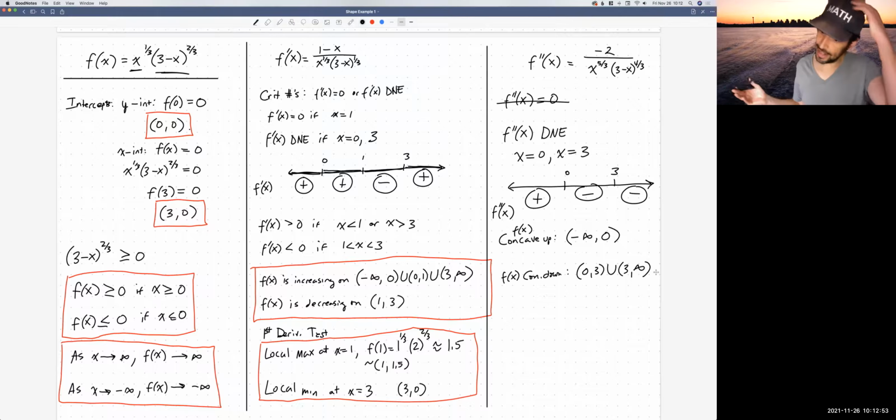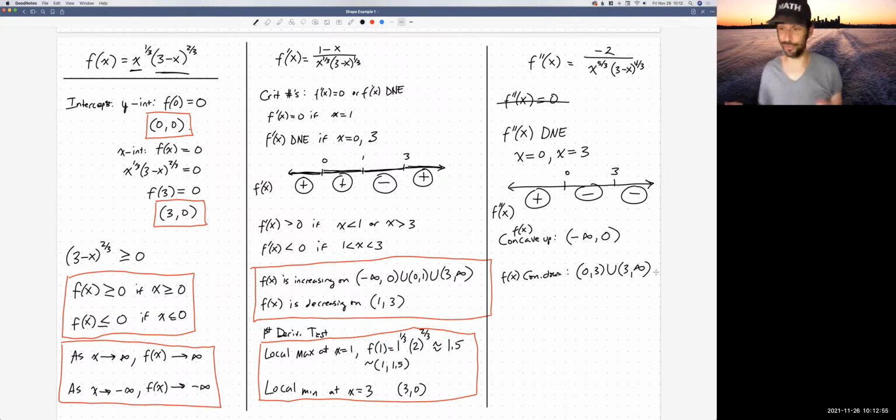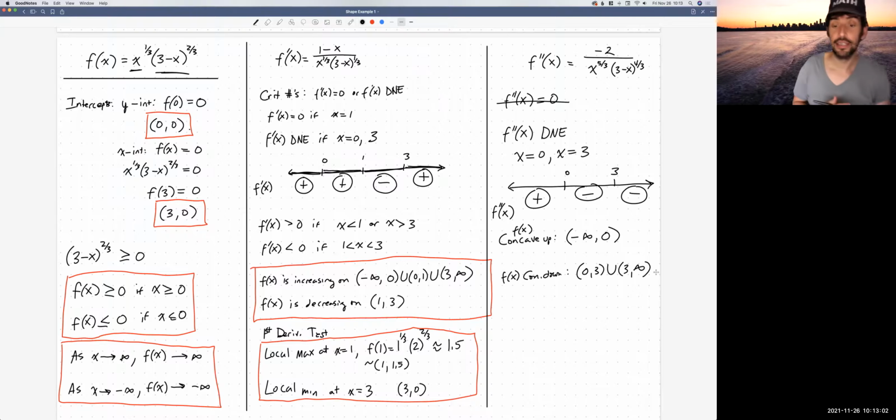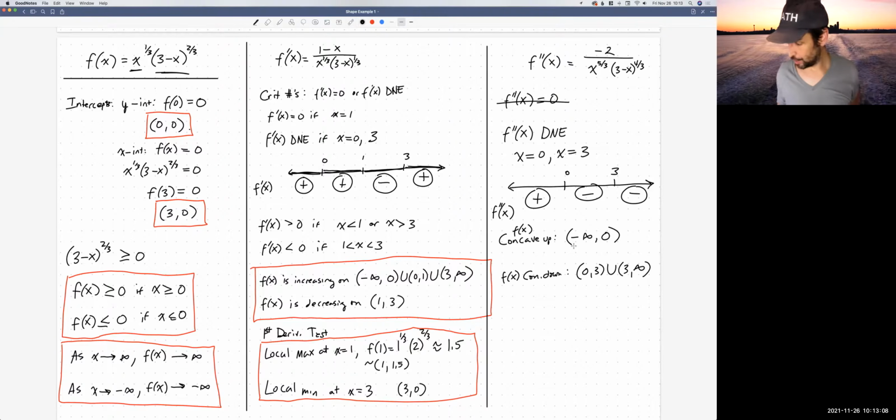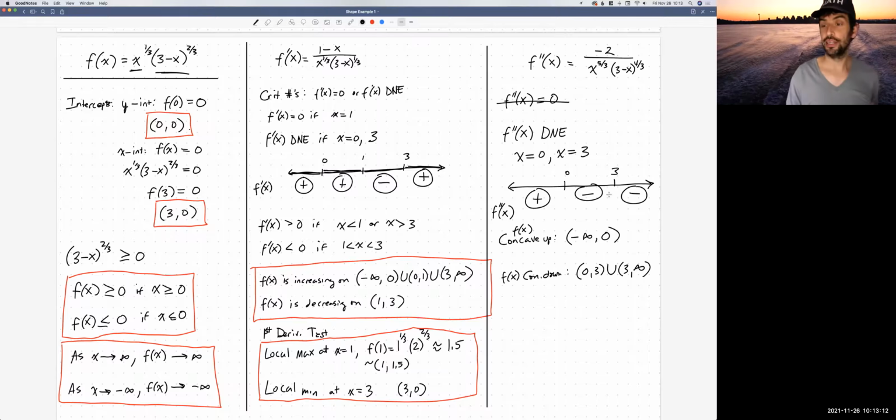So it's not concave up or down at 3. Something weird is happening there. The second derivative doesn't exist, so it doesn't really have concavity defined. We'll see more when we sketch this what might be going on there. Notice a couple of things. We're concave down at x equals 1.